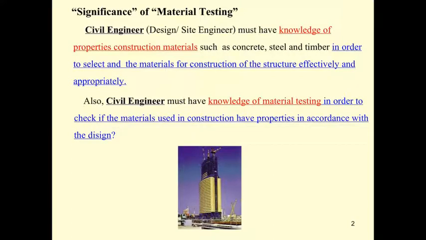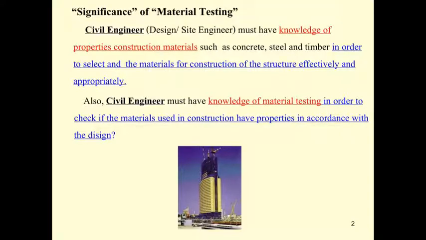Okay, and the other thing, the civil engineer also needs to have knowledge of testing the material. Why? When you build the structure in the figure below with reinforced concrete, this means you will buy the concrete from some company like Siam Cement Group.